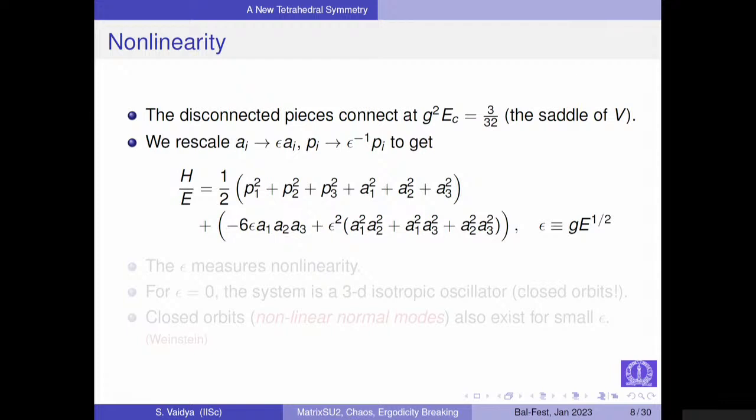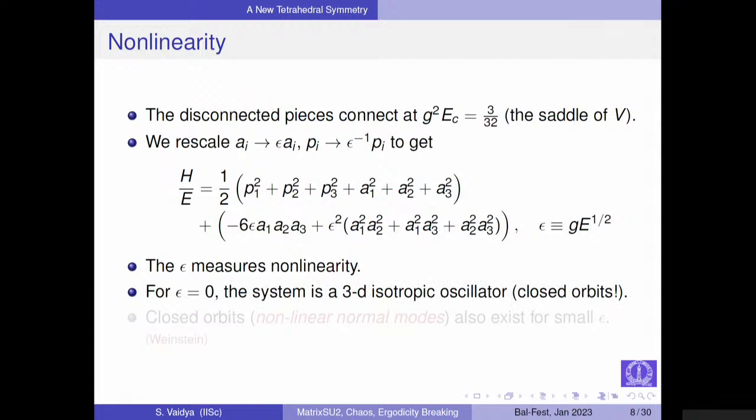The advantage of working with this rescaled Hamiltonian is that this epsilon measures nonlinearity. So for example, when epsilon is 0, this term and this term drop off, and this is nothing but the three-dimensional isotropic oscillator. And we know that the three-dimensional isotropic oscillator has only closed orbits.